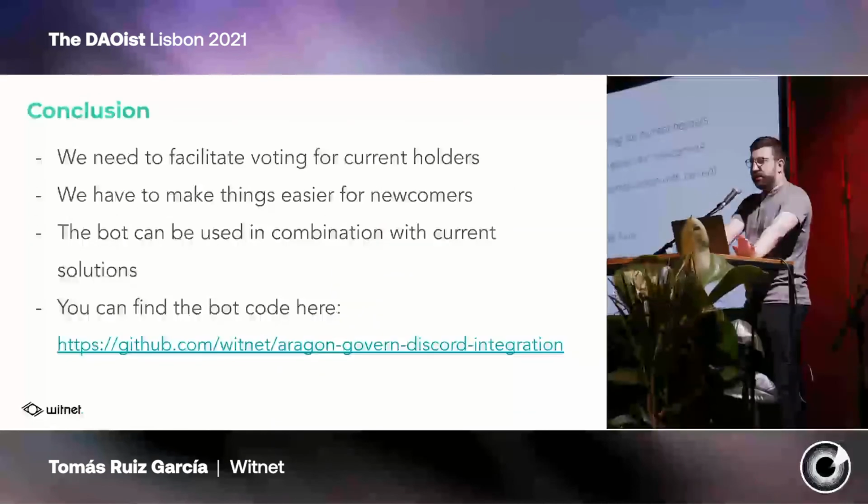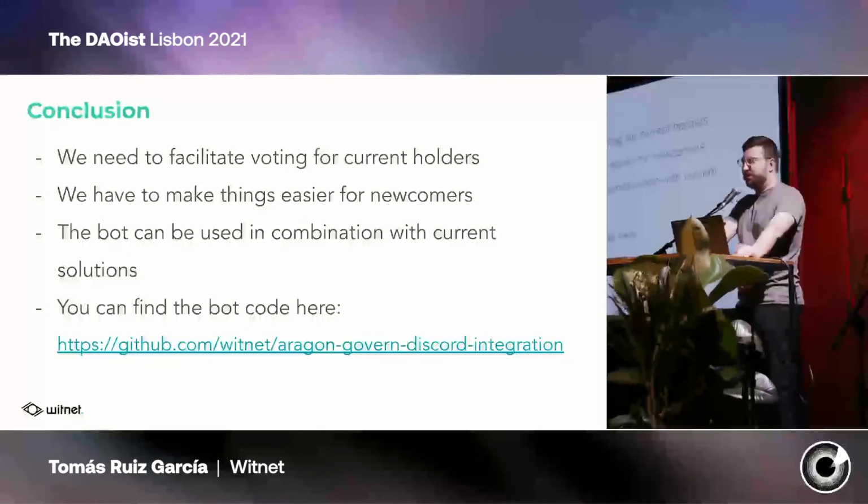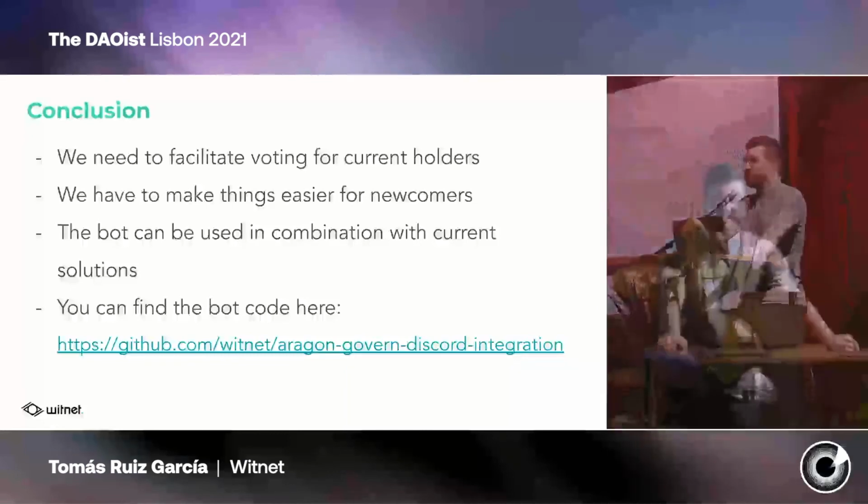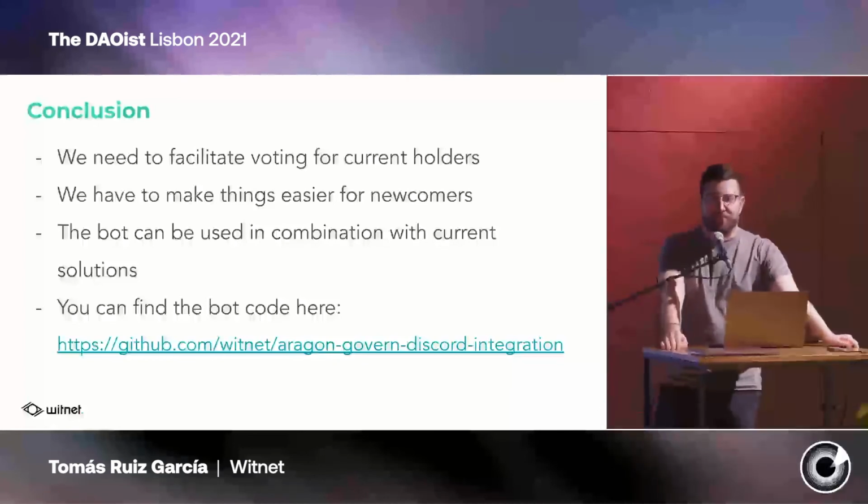And well, at the end of the day, what we are going to do is try to reduce the barriers to entry for newcomers. We are trying to engage the current community that is not participating. All of us here are interested in the DAO community, but a lot of people are not voting or not participating actively. So if we really want to make a change, or if we really want to improve decision making in DAOs in general, we have to make things easier for newcomers.